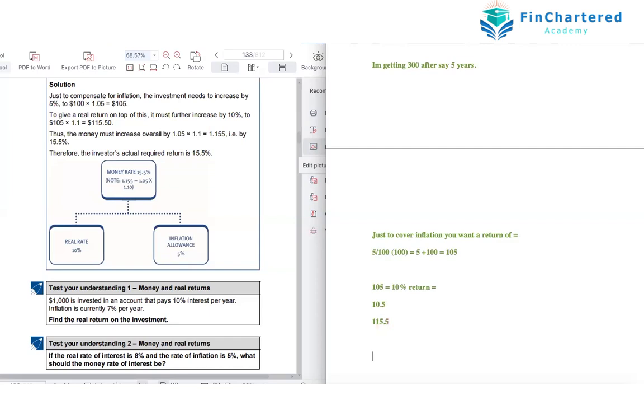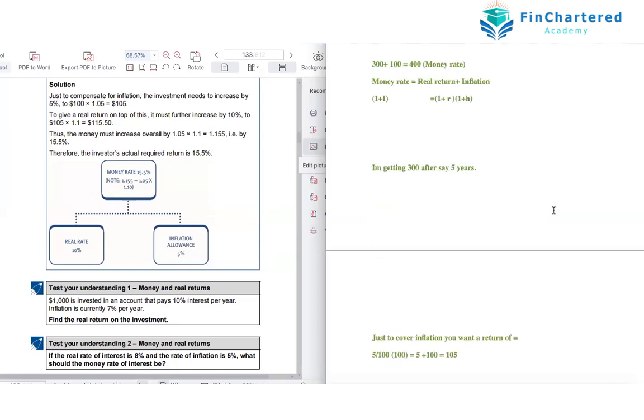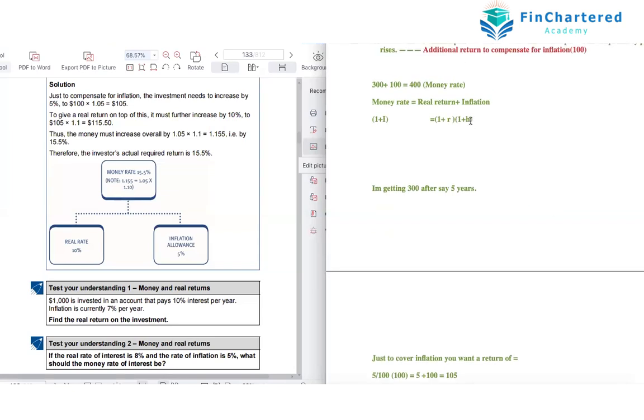See, when it comes to inflation, H is 7%. Going back to this formula, H I know. And the account pays 10% every year, and you are expected to calculate this R.